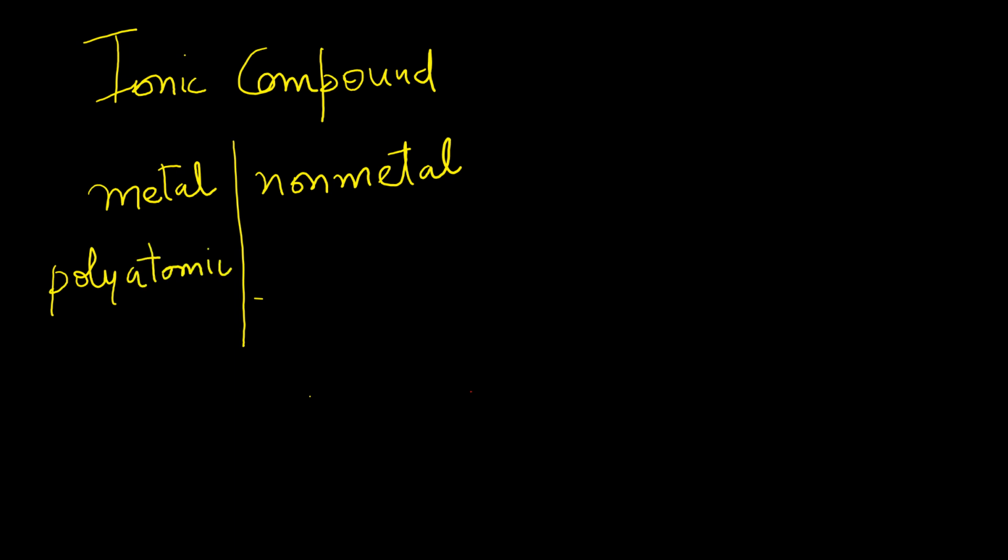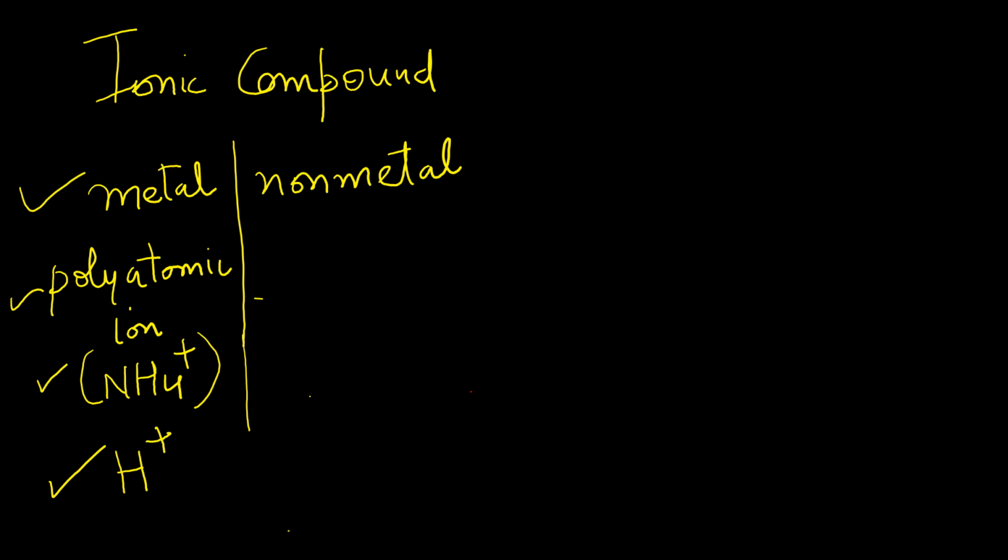I have already explained everything in my other video, naming of ionic compounds. The only polyatomic cation we have is the ammonium ion, or sometimes a hydrogen ion is present as well. If any of these is present along with any non-metal or any polyatomic ion, then it is an ionic compound for sure.